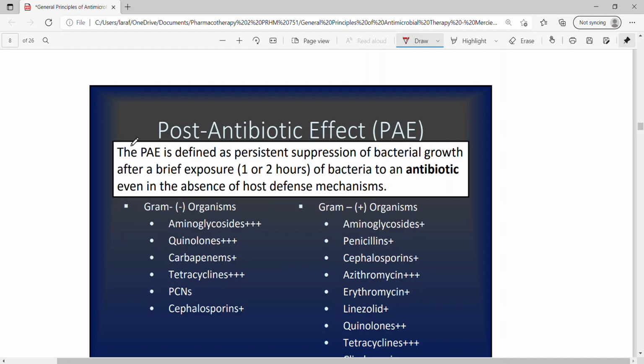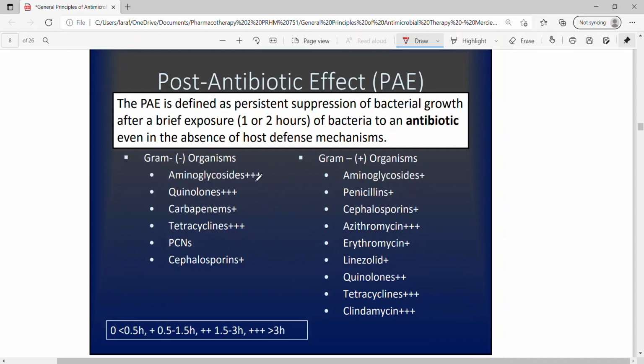So if you give a dose, the dose is going to stay in the body, and if the bacteria gets exposed to the concentration of this antibiotic for at least 1 or 2 hours or longer, there's going to be an effect which is called the post-antibiotic effect, and not all antibiotics will have that effect.